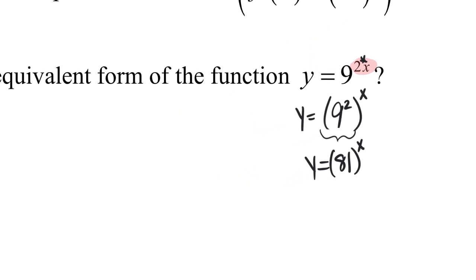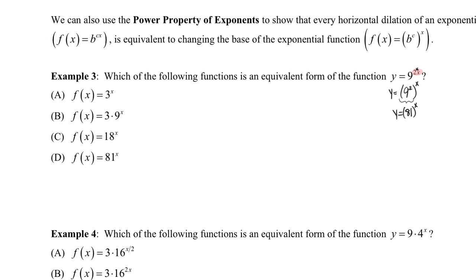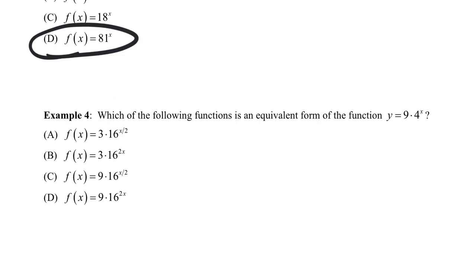So if I look at my options, that looks a lot like option D. So knowing when to separate them using addition, subtraction, and how that translates, versus separating them using multiplication and how that translates with our exponents.